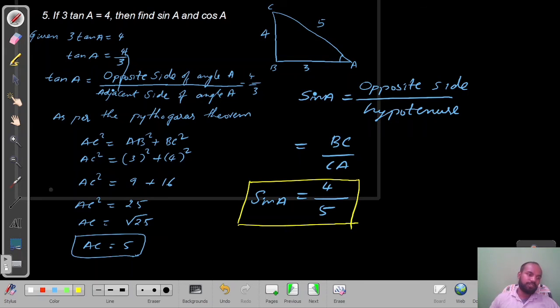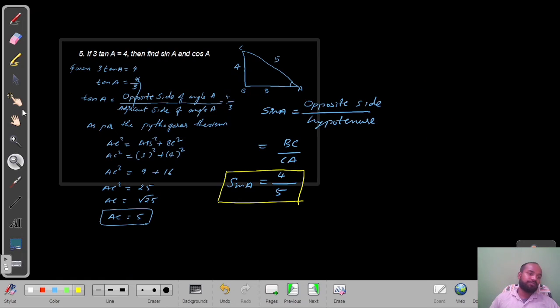Next, moving to the next one. What is the next one asking us? It is cos A, right? You should find cos A also here. What is the formula for cos A?